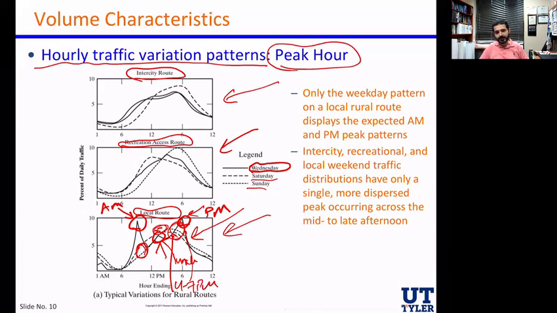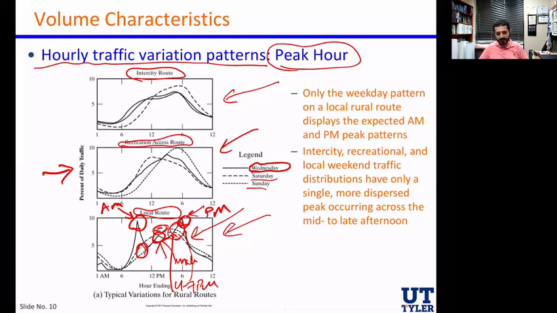For recreational access routes, which is the second graph right here, we are also seeing one major peak, regardless of whether it's a weekday or a weekend. If it's a recreational place, that means it's not going to be heavily visited throughout the hours. We're not going to see three peaks.